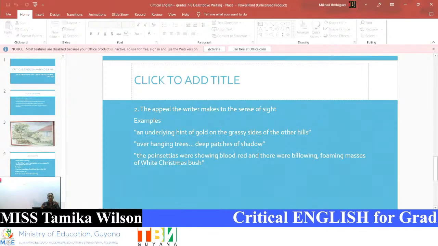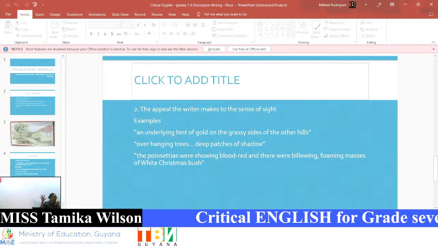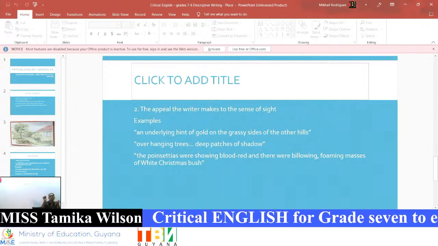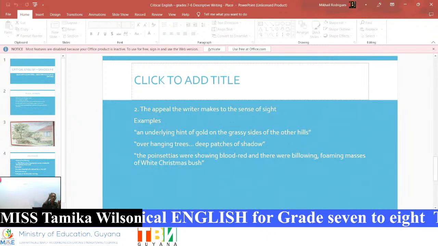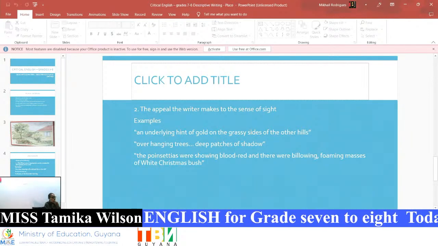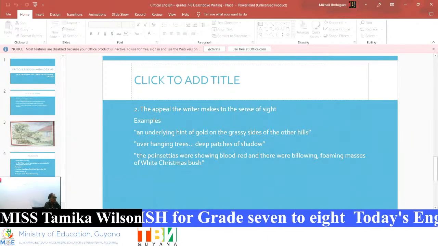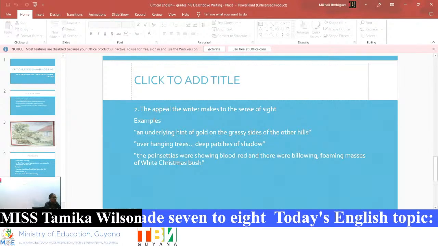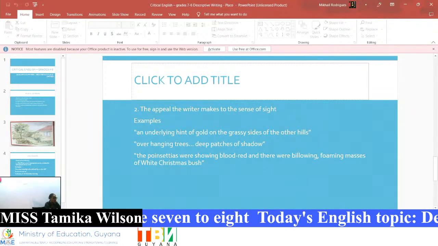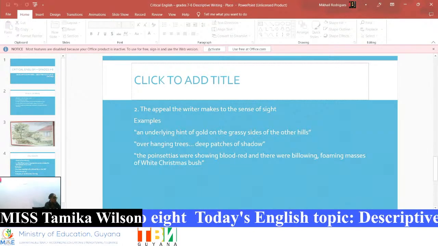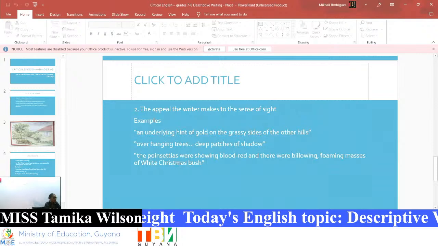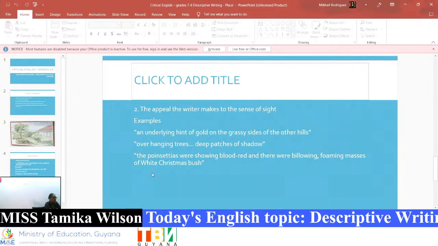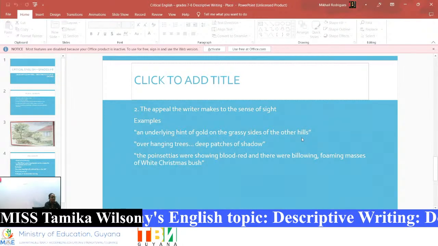So overhanging trees, of course, are trees that come over, all right? And then the poinsettias were showing blood red, and they were billowing, foaming masses of white Christmas bush. So all of these here appeal to our sense of sight, right?